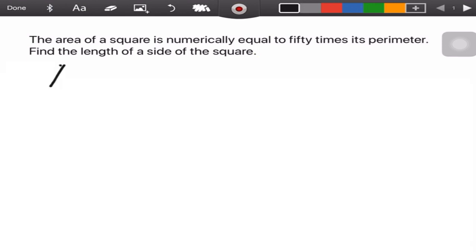So, when we say area, the formula in getting the area is S squared. Okay? And then, in getting the perimeter, the formula is 4S, where S is the side of a square.